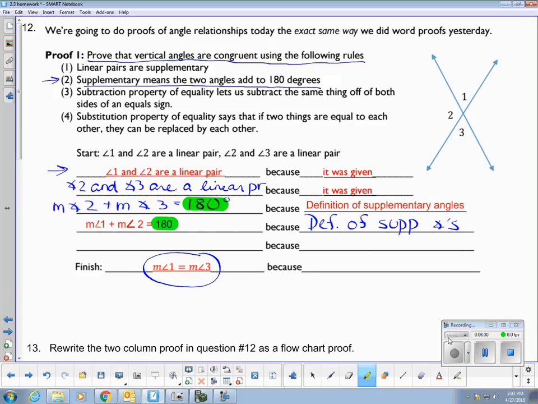Now we have two statements that are equal to 180 degrees. So using the substitution property, I can now write the following. Measure of angle 2 plus the measure of angle 3 is equal to measure of angle 1 plus the measure of angle 2.